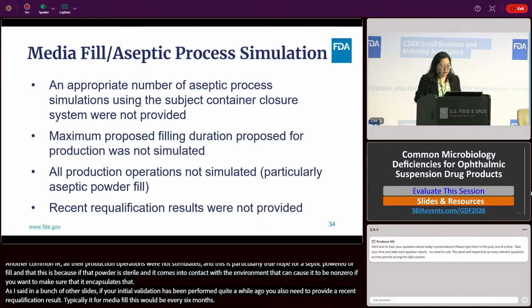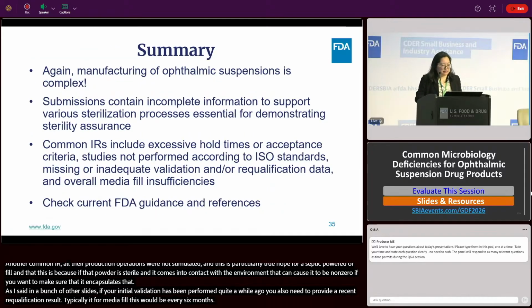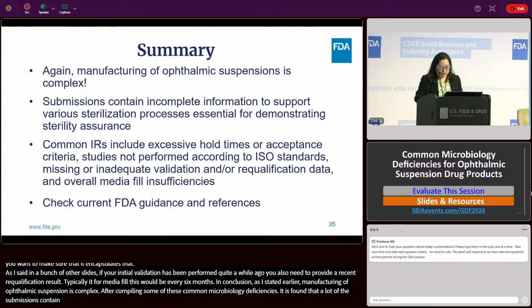So in conclusion, as I stated earlier, manufacturing ophthalmic suspensions is complex. After compiling some of these common microbiology deficiencies, it's found that a lot of these submissions contain incomplete information regarding the different sterilization processes essential for demonstrating sterility assurance.